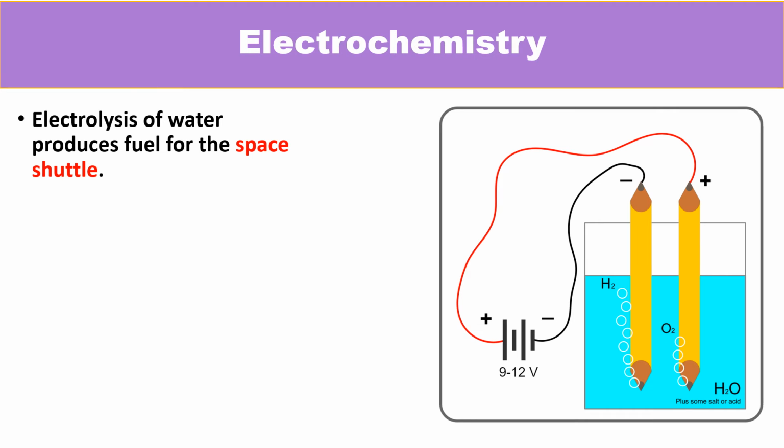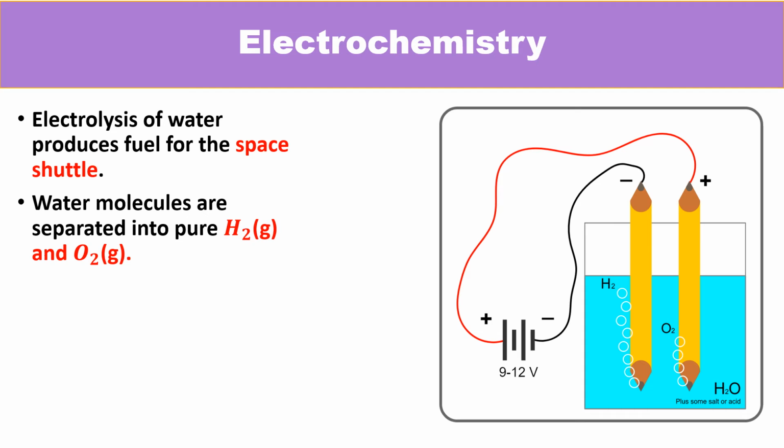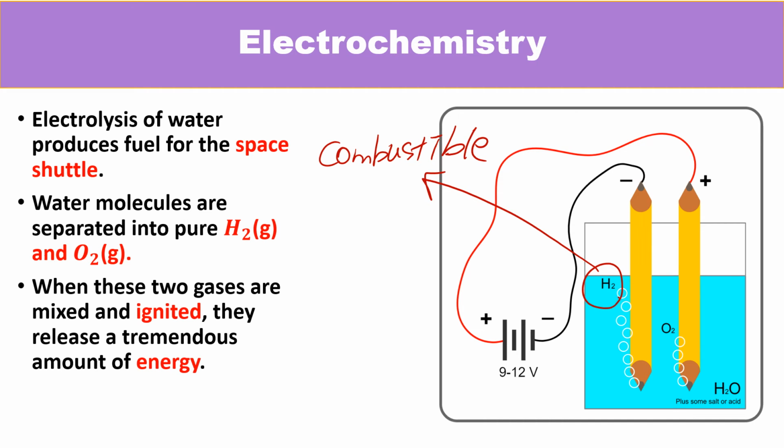The way that it works is the space shuttle can use pure hydrogen gas because remember it's a combustible gas, and they can just separate hydrogen and oxygen from water to produce some kind of explosive gas, collecting again hydrogen, and use it for extra fuel.